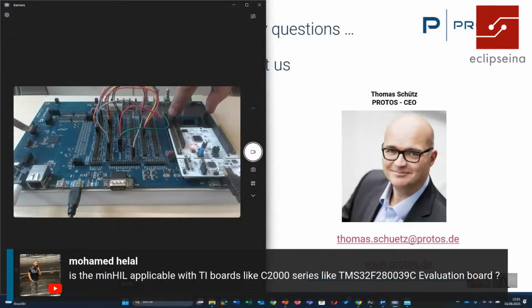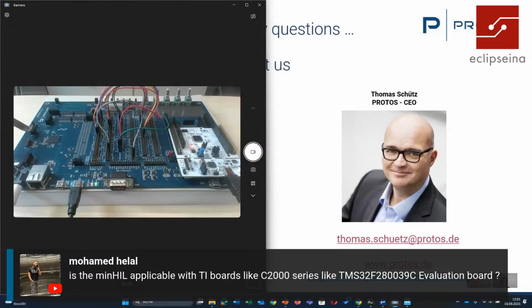Again, we developed the miniHIL initially for STM32 microcontrollers. That's why almost all the STM32 evaluation boards directly fit on the miniHIL. With 3.3 volt and STM32, if there's an evaluation board, it usually fits directly on the miniHIL. But we have many other customers, so STM32 is maybe not even a third of our customers.